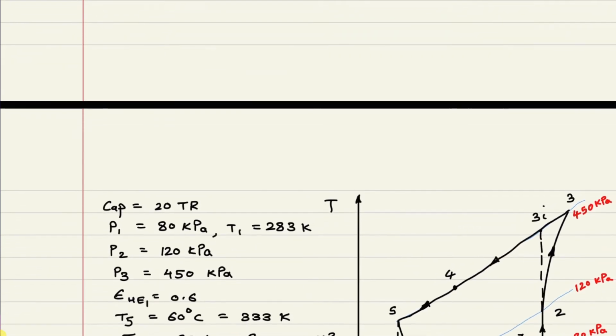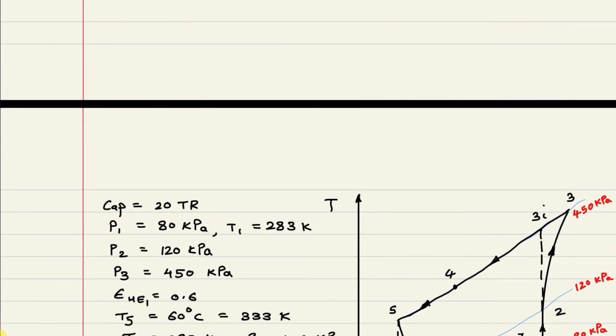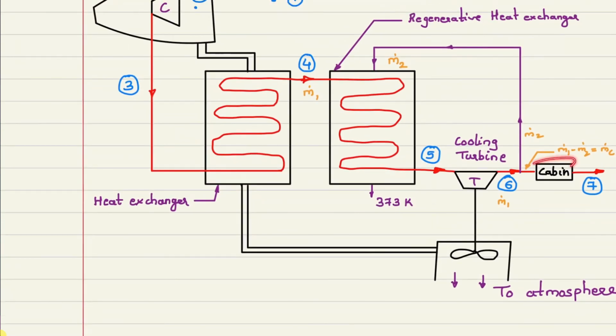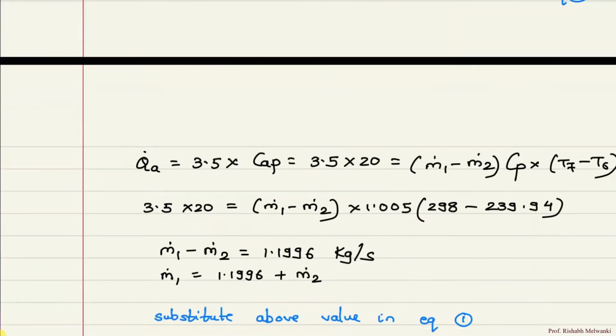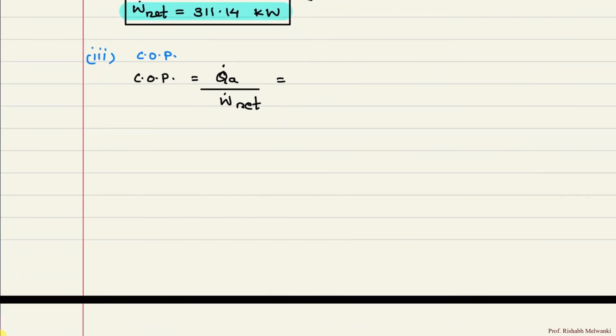It is given that the capacity is 20 TR. So Q dot A will be 20 into 3.5. Where is this heat absorbed? Heat is absorbed in the cabin during process 6 to 7. So (20 into 3.5) divided by W dot net, which is 311.14 kilowatt.